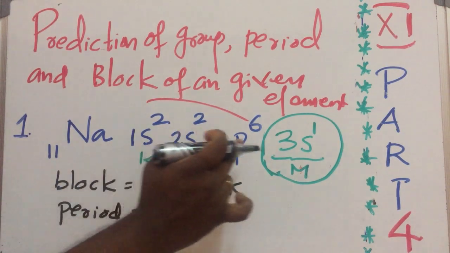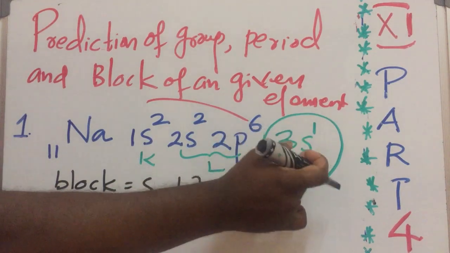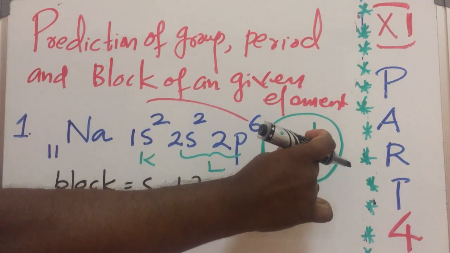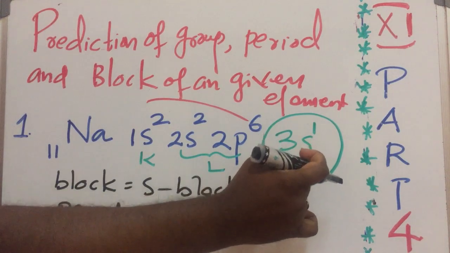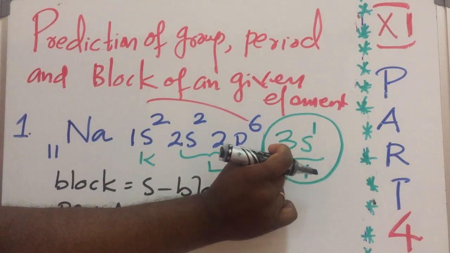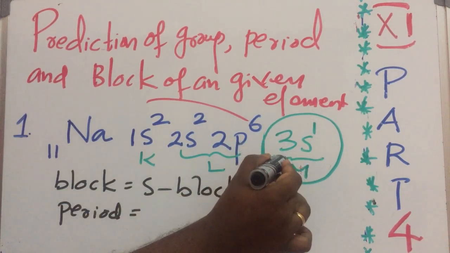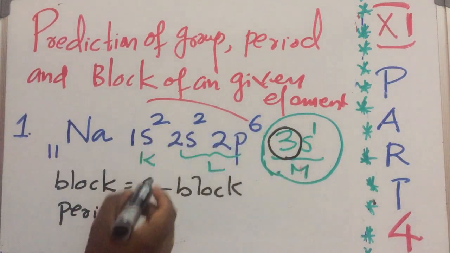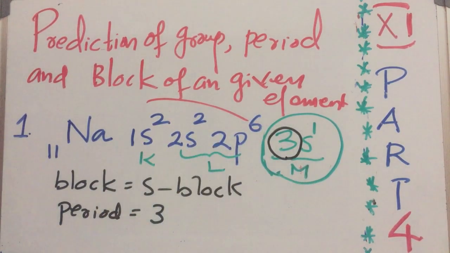Period can be found out from the configuration. How can we find period? Just look here, 3s1. Here 3. That 3 is equal to the period.